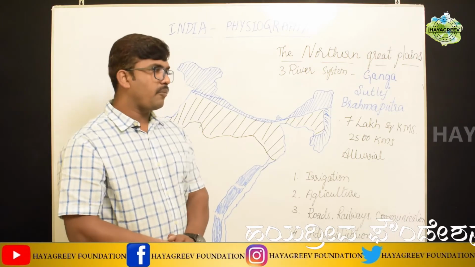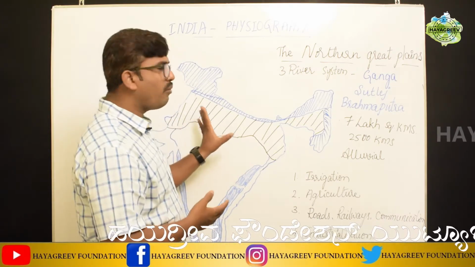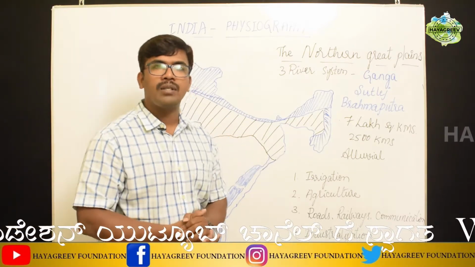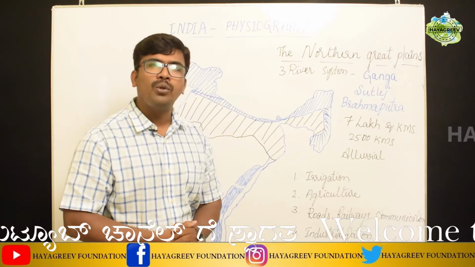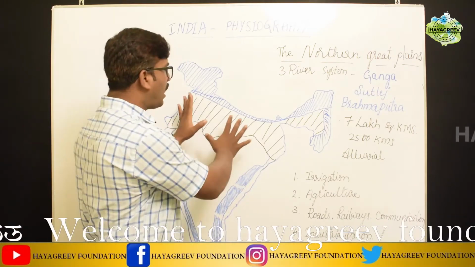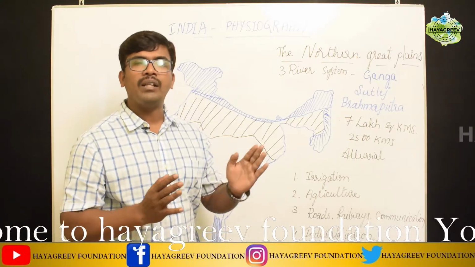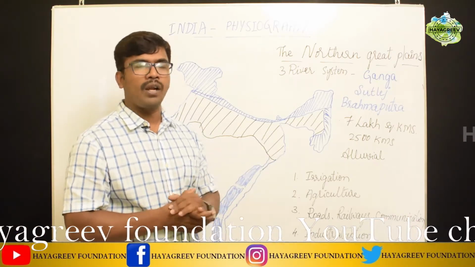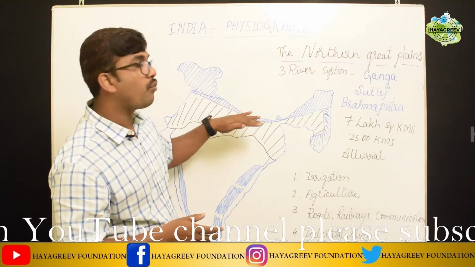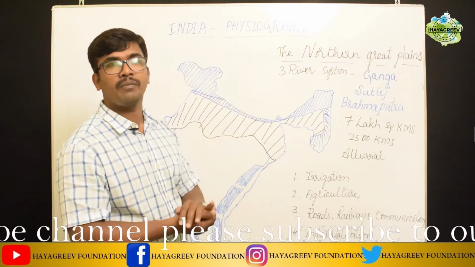And students, many perennial rivers are there in the northern plains. Perennial rivers means throughout the year they are filled with water. Because of this, the entire land is filled with alluvial soil, which is formed by the rivers that flow from the Himalayas.